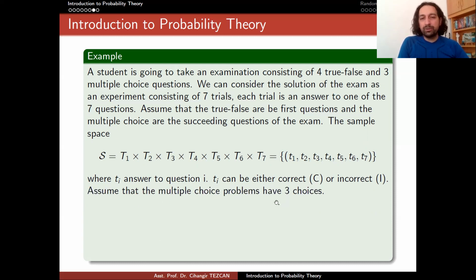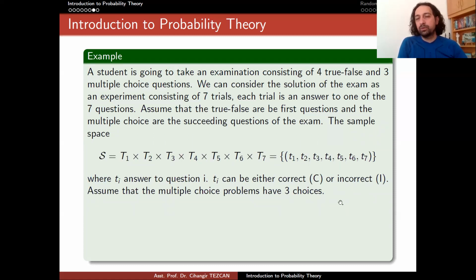Assume that the multiple choice problems have 3 choices. This is important. For true-false questions, you have 2 outcomes, true or false. But for the multiple choices, you have 3 outcomes. You are given 3 answers, A, B, C, and you need to pick one. So the probability of randomly guessing the correct solution for a multiple choice problem is 1/3.